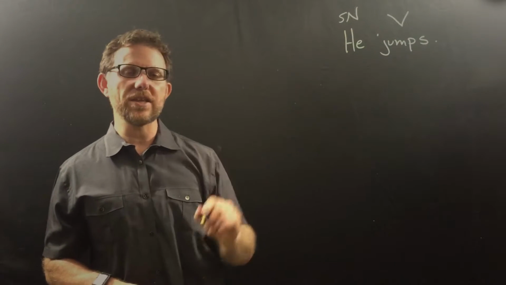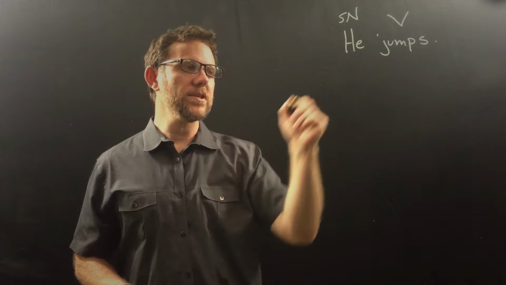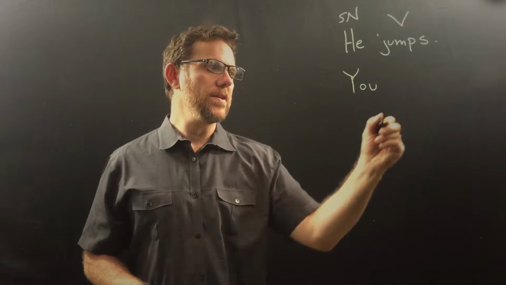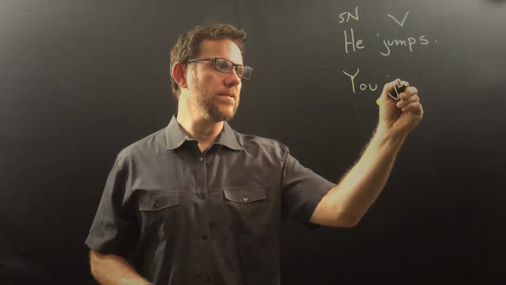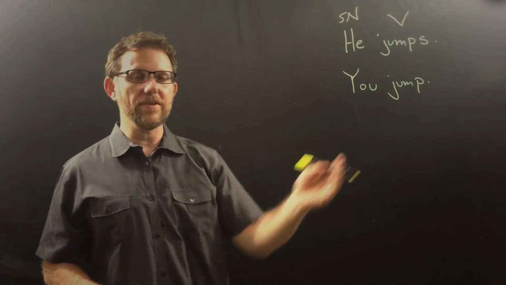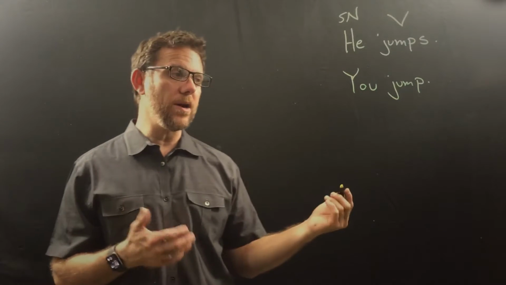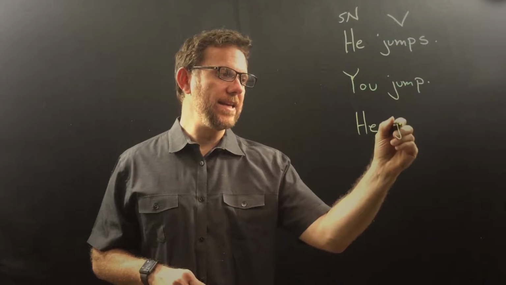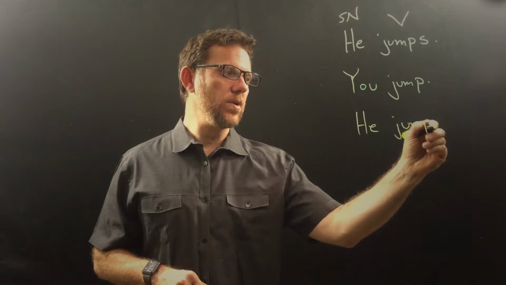But if I want to change that subject from third person, he, to second person, you, then I have to change the ending. I have to get rid of the S. That's called inflection. Or if I want to make this verb past tense, I have to add an ed to the end of this word.